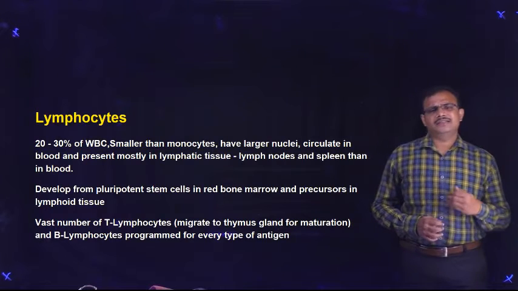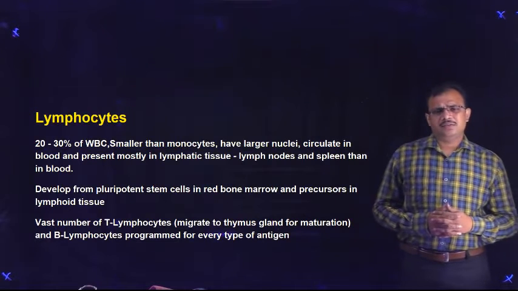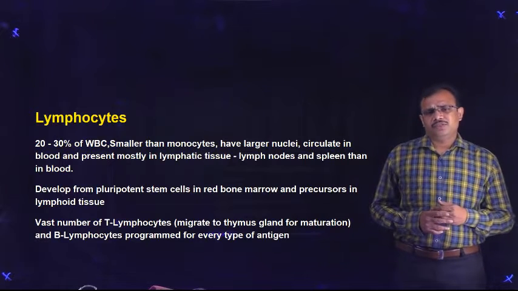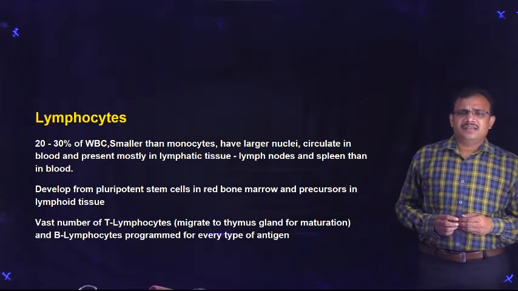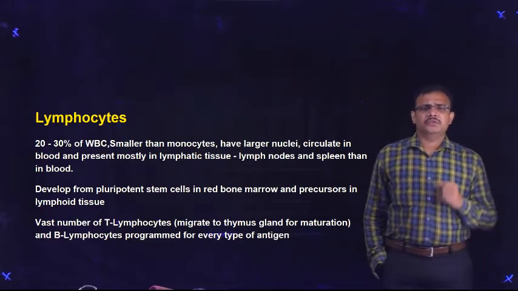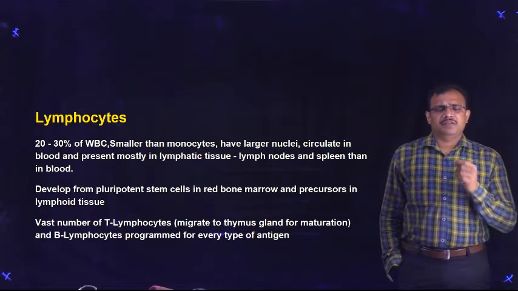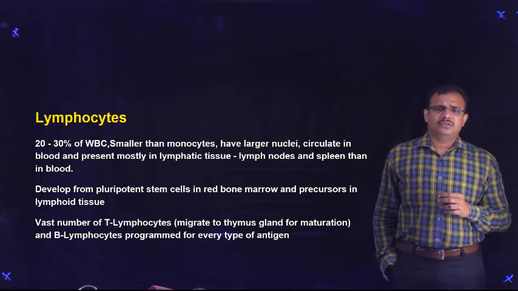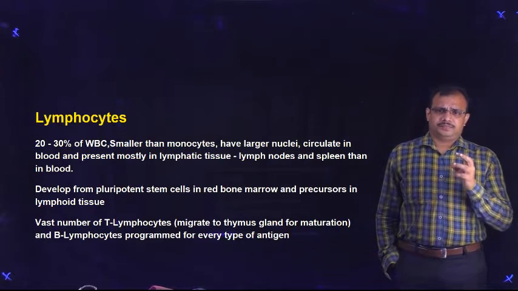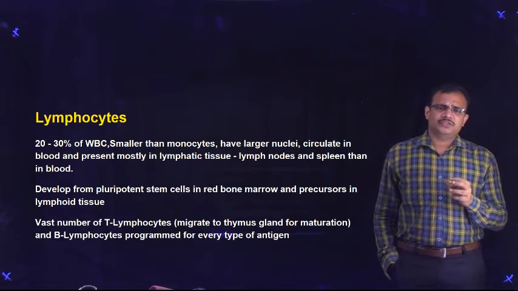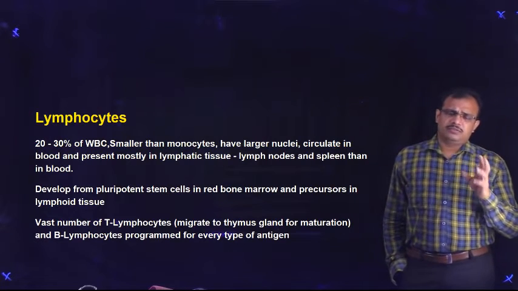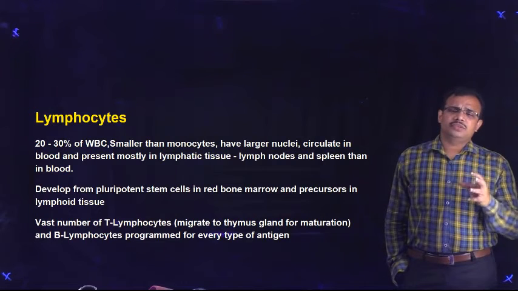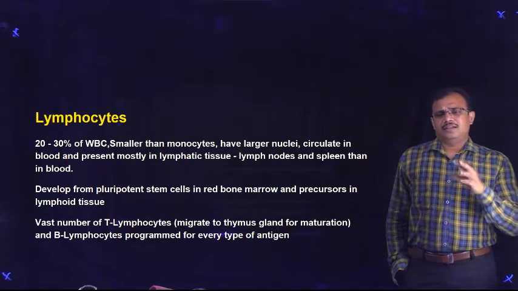Now let's see about the other type of agranulocytes. They are the lymphocytes. We have seen that leukocytes constitute about 1% of the total blood cells, and of these leukocytes the agranulocytes constitute about 25 to 50%, and of these, 20 to 30% are lymphocytes.